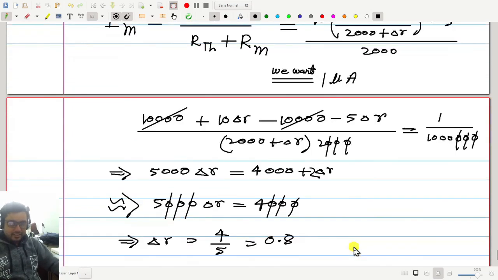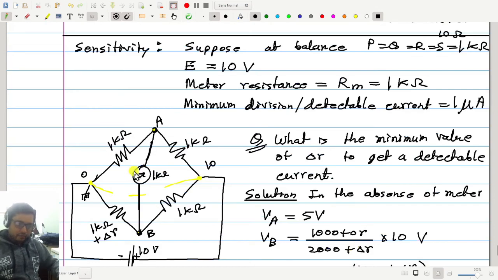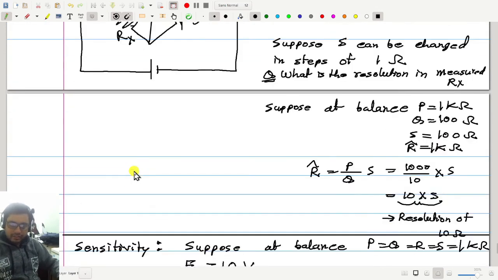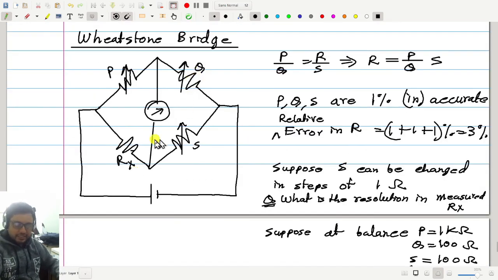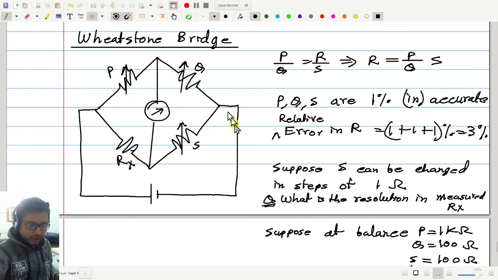But the point is, this is another issue, and all these issues, sensitivity of meter, resolution, accuracy of these standard resistances, all of them are present together, although for simplicity we have considered one issue at a time.